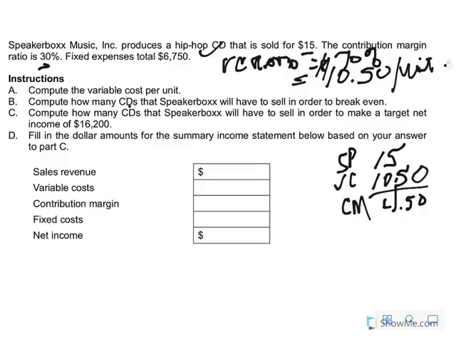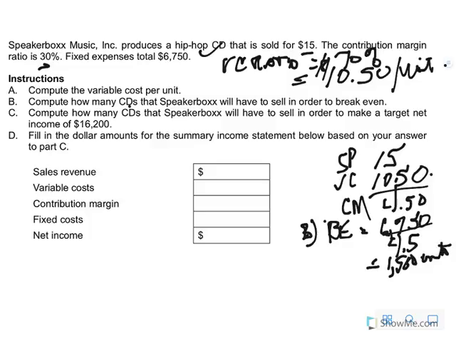The selling price per unit is $15. The variable cost is $10.50. Contribution margin is $4.50. So for B, we want the break even, and that would be equal to the fixed cost, $6,750, divided by the contribution margin per unit, 4.5, and I have an answer then of 1,500 units to break even.